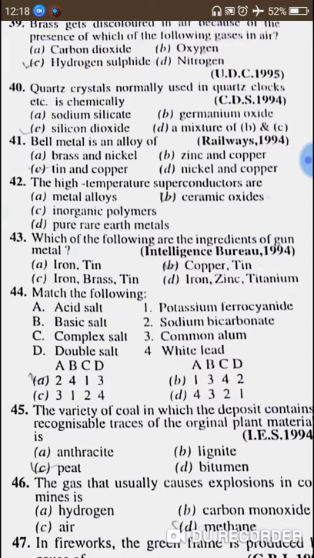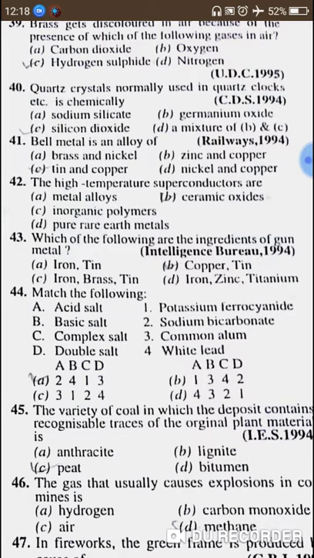Again I am repeating. Acid salt is sodium bicarbonate, basic salt is white lead, complex salt is potassium ferrocyanide, and double salt is common alum actually.